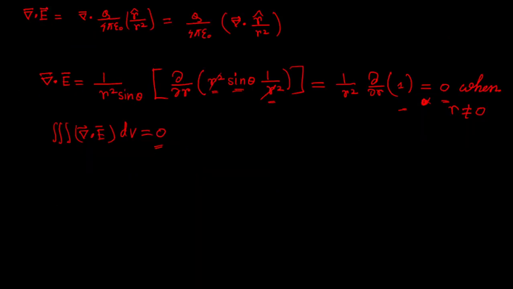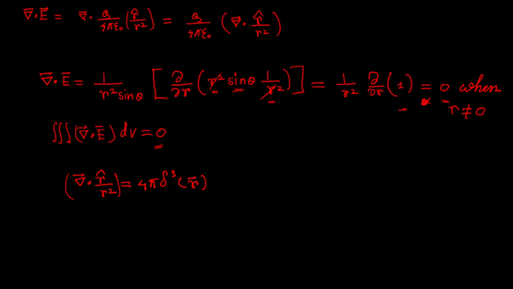We get the same result only when we can write the divergence of r cap divided by r square as equal to 4 pi del cube r. This suggests that when r is not equal to 0, this divergence will be 0, but at r equals to 0, it will be infinite.